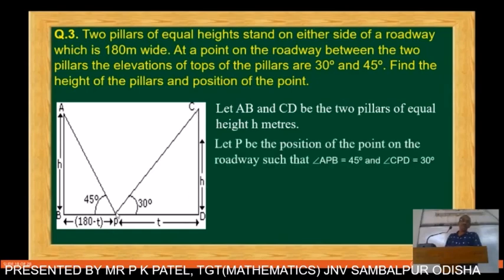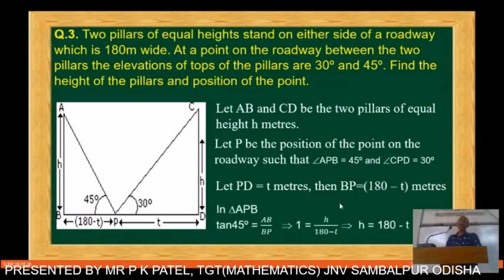Then let P be the point in between both pillars such that angle APB equals 45 degrees and CPD equals 30 degrees. Let PD be T meters. Okay, from P to D is T meters, then BP must be 180 minus T because the total BD is 180. So if this one is T, then BP must be 180 minus T meters.